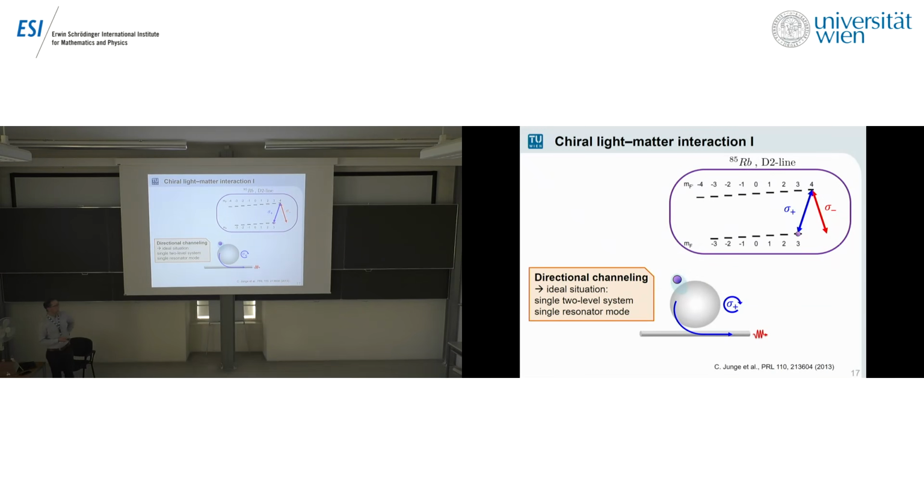So this gives some kind of direction channeling of the atom into the same mode that it was excited from. And in our particular case, this gives us the ideal situation where, even though we consider a multi-level atom, only two levels are involved, and these two levels exclusively couple to a single resonator mode, even though we have these two degenerate counter-propagating modes available.